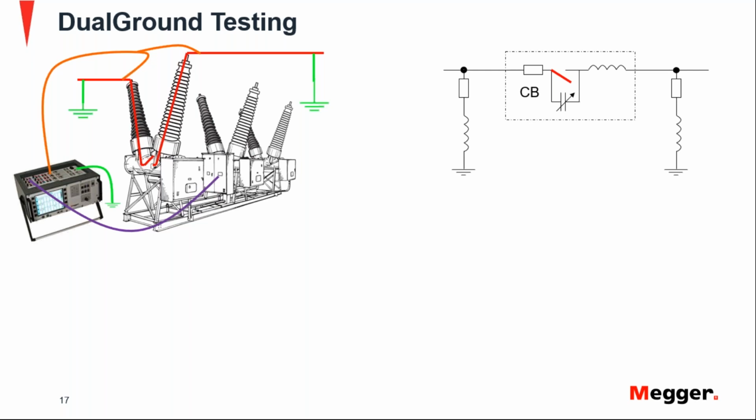The rest of the modeling is the inherent resistance of the conductors inside the breaker, and inherent inductance, very small, but there's going to be a little bit of inductance there. So in the end, this is an RLC circuit.